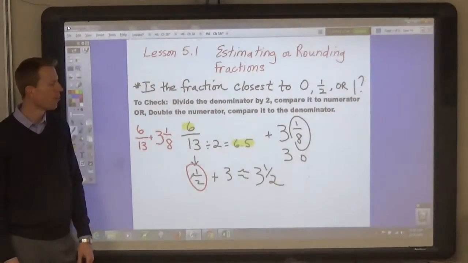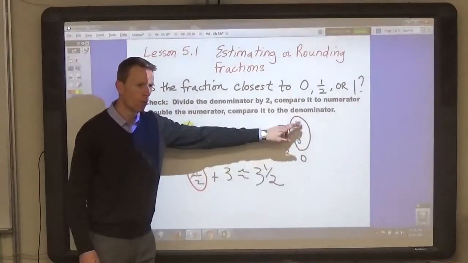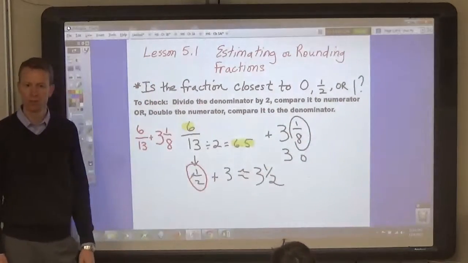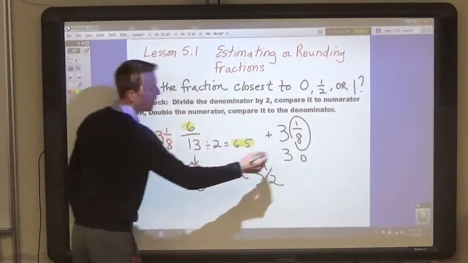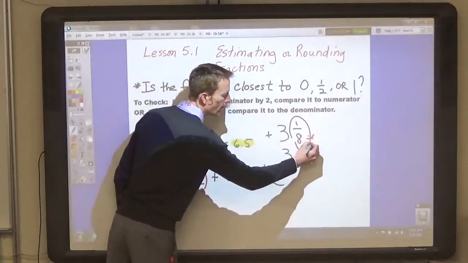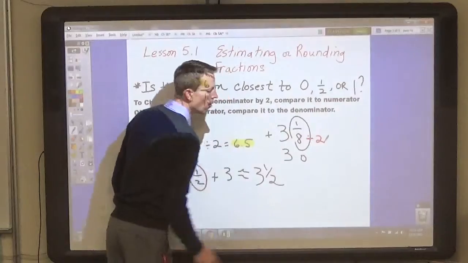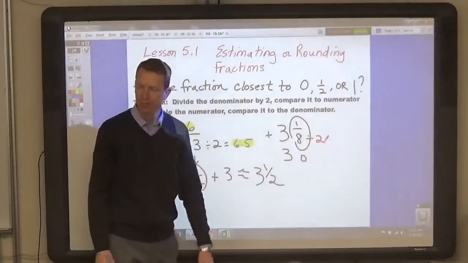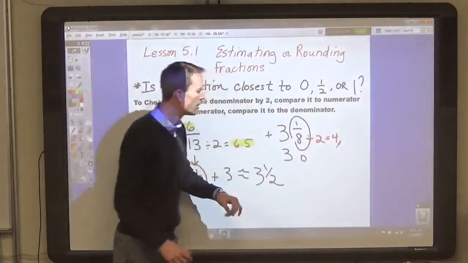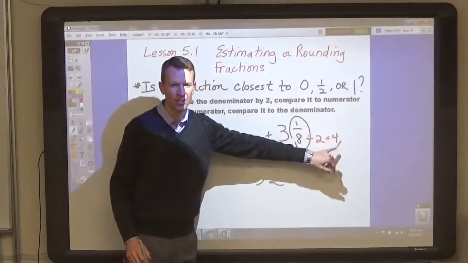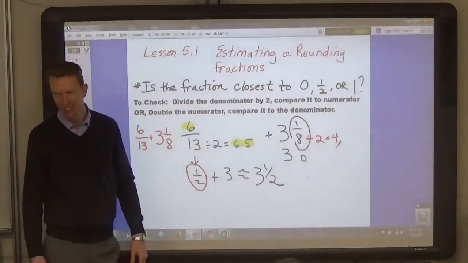3 1/8, when we look at the fraction portion, 1/8 is closest to 0. Because if you did 8 divided by 2, to figure out how close it is to 1/2, what's 8 divided by 2? 4, right, Roy? And is 1 close to 4? Not really.